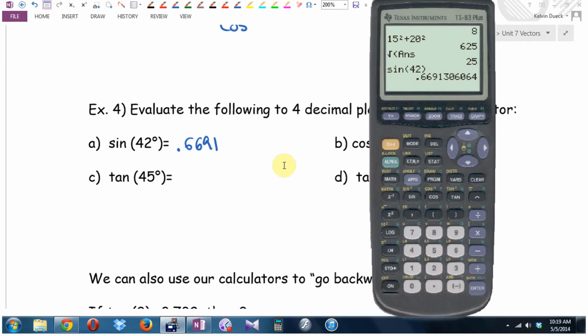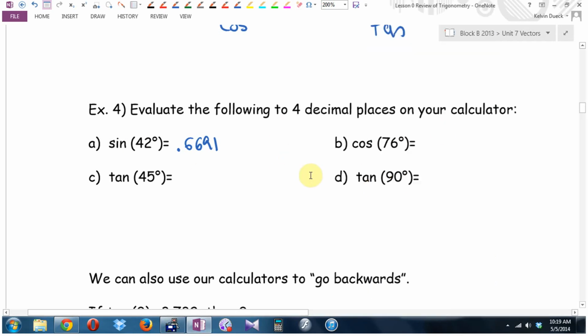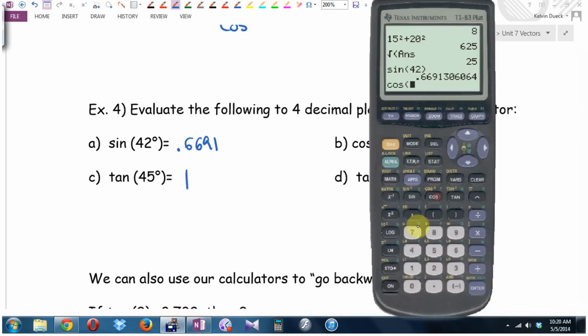Okay. Find the next three on your own. I'll freeze the screen. Again, go to 4 decimal places. Find the cos of 76. Find the tangent of 45. That one I actually know. And one of these will end up being a bit weird.